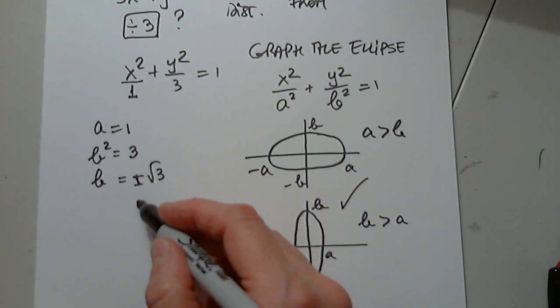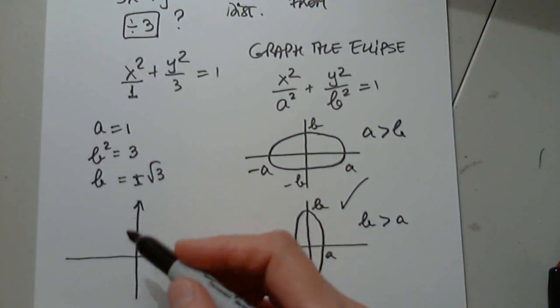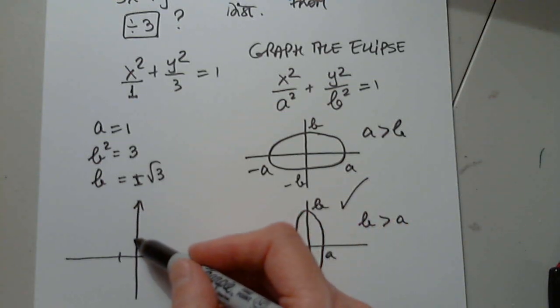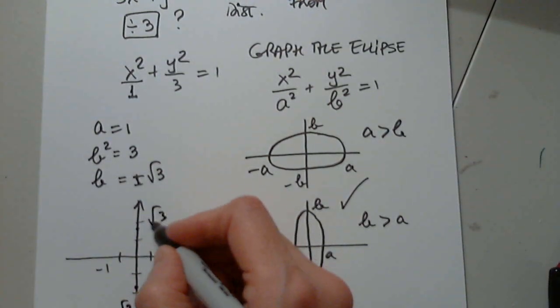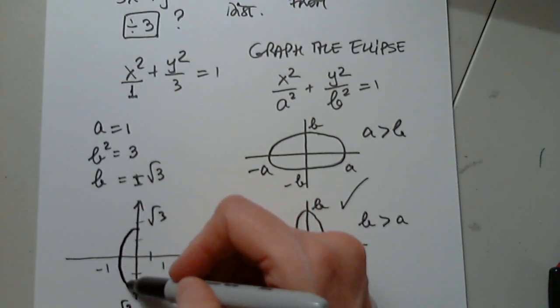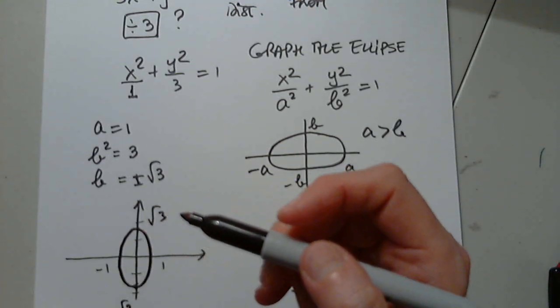So therefore, negative 1, 1, and b is close to 2. So negative 1, 1, negative the square root of 3, and the square root of 3. And this is the ellipse.